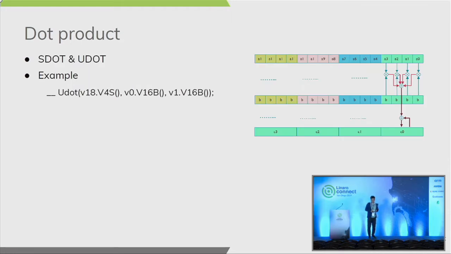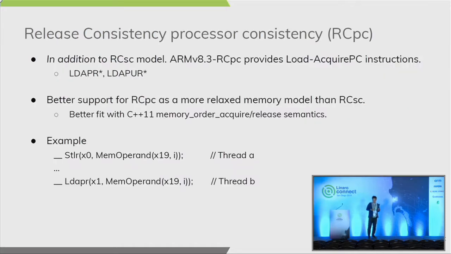We have signed and unsigned dot product instructions. This is a very easy example. Using this API, we will calculate as shown on the right side of this picture. It does the dot product of four 8-bit elements in the source registers and then accumulates them into 32-bit lanes in the destination register. We also provide RCPC.